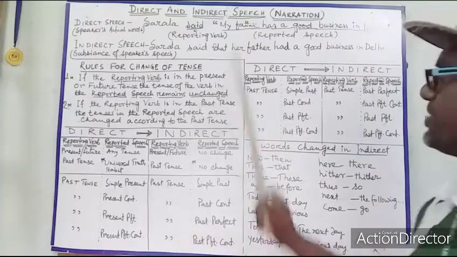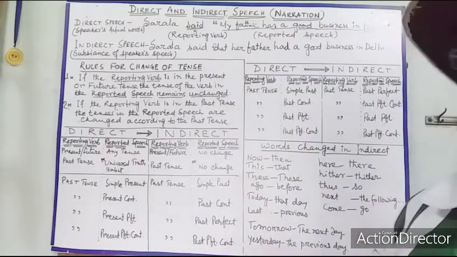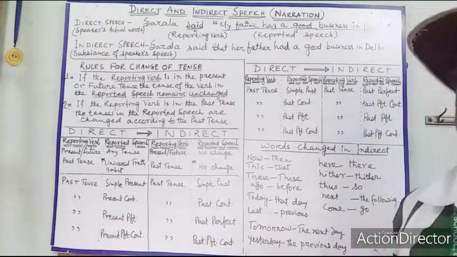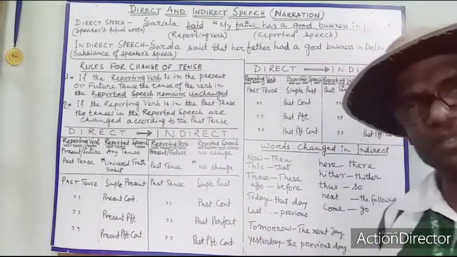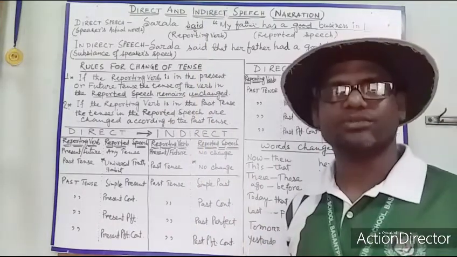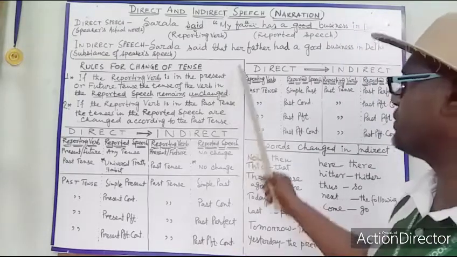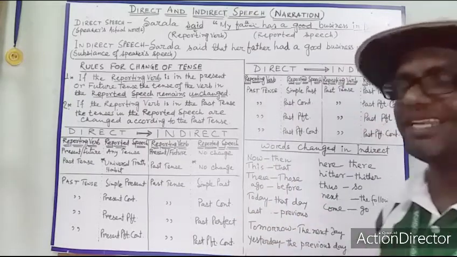The tense of that verb is not changed. So reporting verb is not changed, never changed. Reporting verb is always in the same tense. And whatever changes we make, that is in the reported speech, into indirect speech.